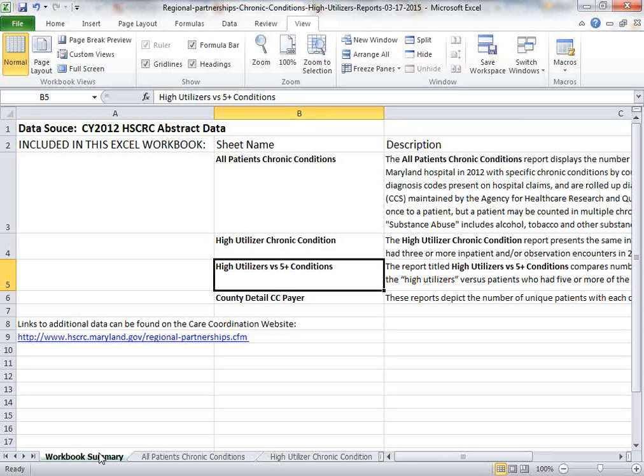I think the data could be broken down a number of ways. We have not broken it down in these workbooks by race. It could be broken down by race to show disparities, but we haven't done it at this point in time.